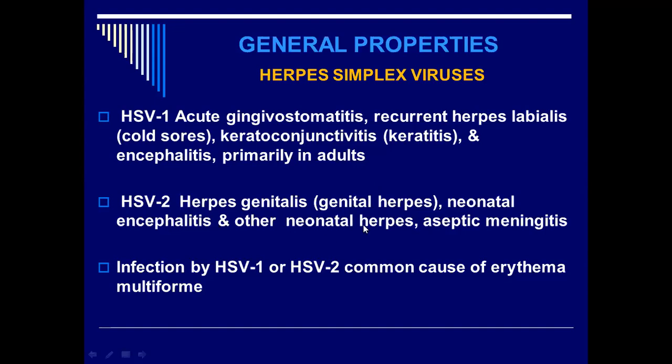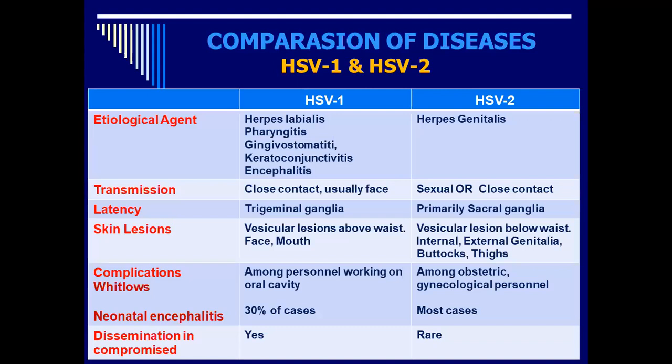Now, infection by HSV2 is a common cause of what we call erythema multiforme. These are skin lesions caused by infection with 1 and 2, and we will see how they look. So, let's compare both of these diseases before we start the detailed discussion of HSV1 and HSV2.